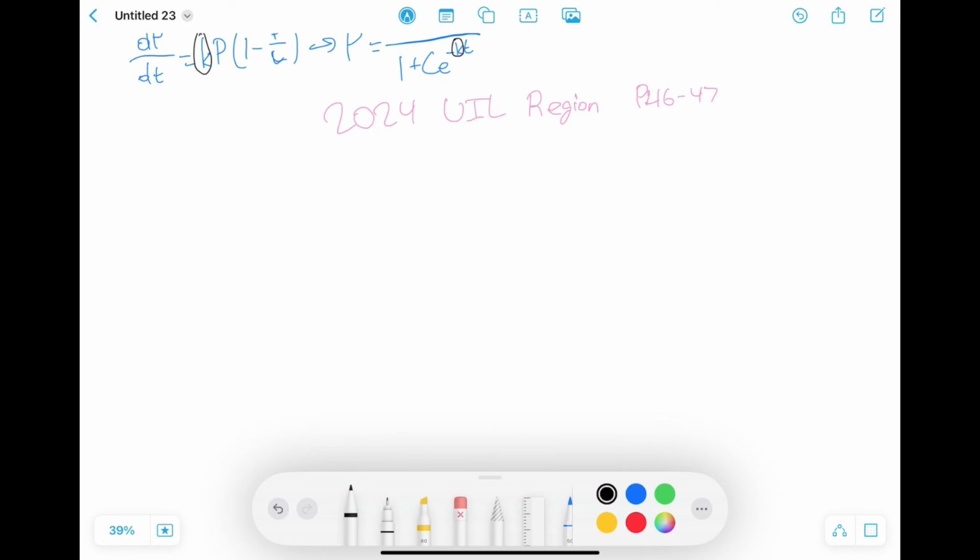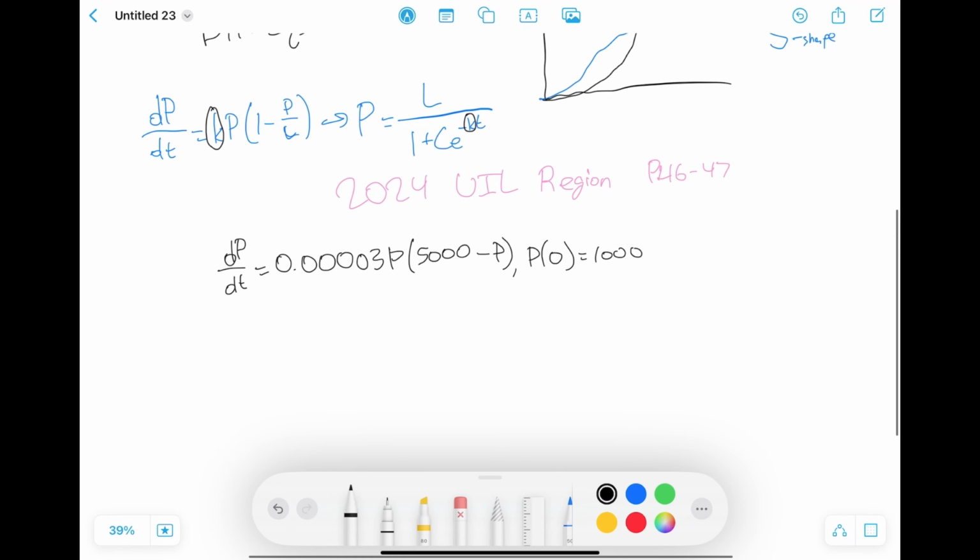What you were told in this problem is that dp over dt for some population is equal to 0.00003 p times 5,000 minus p, where p of 0 is equal to 1,000, right?